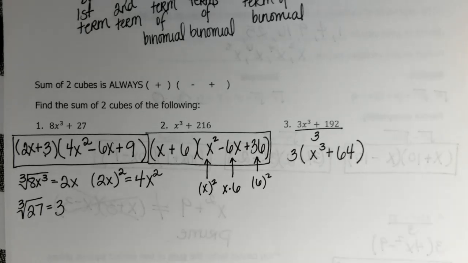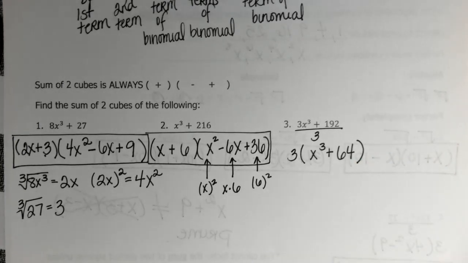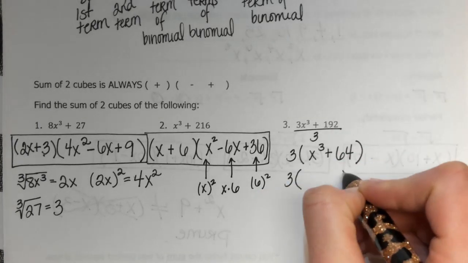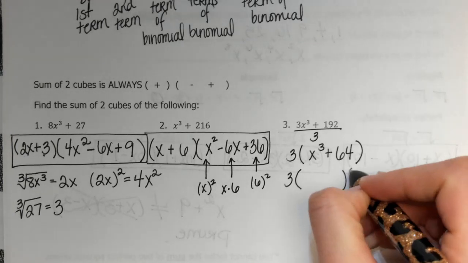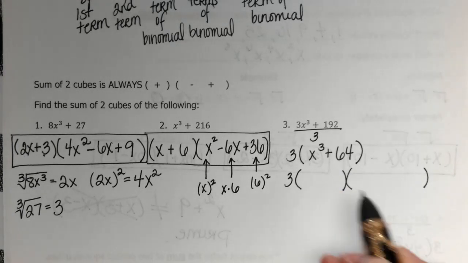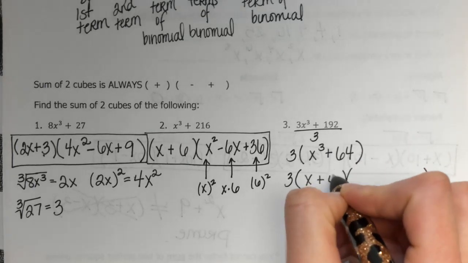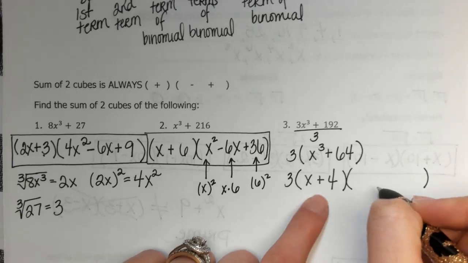Okay. We factored out the GCF before lunch. Now we have to factor x cubed plus 64. So what am I going to have for my binomial? Your x plus 4, x minus 4. Oh, no, sorry, I'm still on the other one.